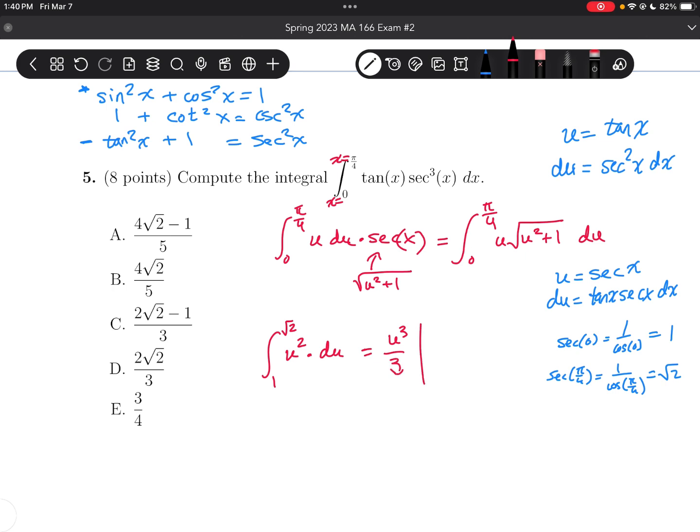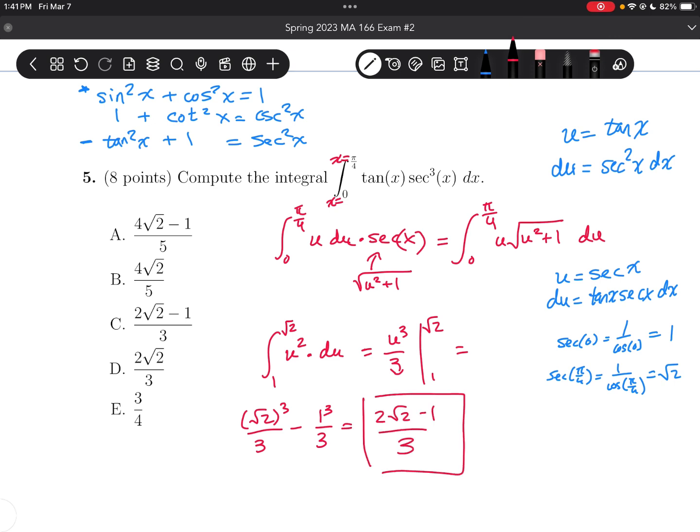And we're going to find that from 1 to root 2. So that's equal to root 2 cubed over 3 minus 1 cubed over 3. And if I simplify that, I get 2 root 2 minus 1 over 3 as my final answer. So the answer to problem 5 is C.